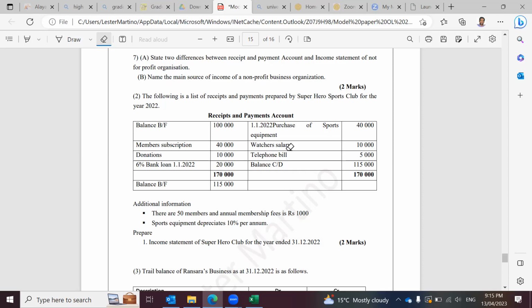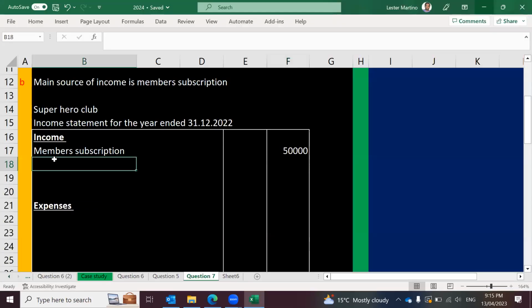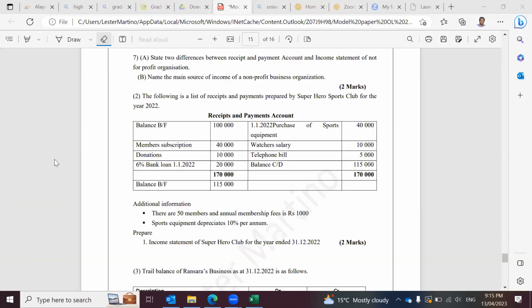Next one, donation 10,000. And here you have a bank loan of 20,000, 6%.